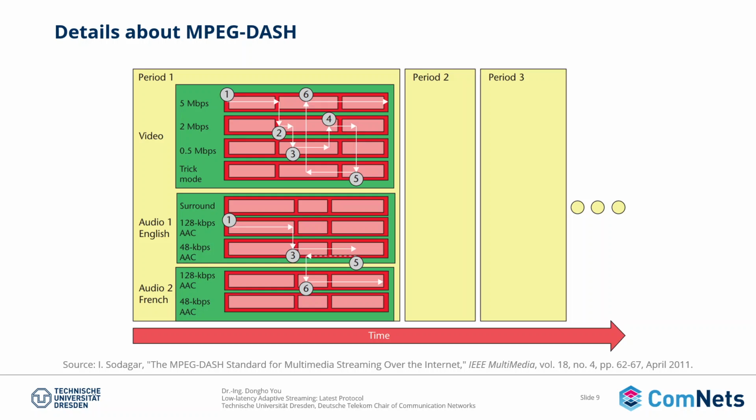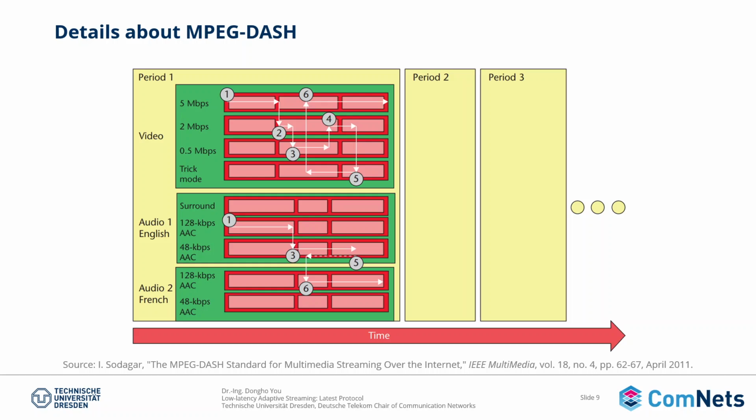After streaming the first segment of video and audio, and after monitoring the effective network condition, the device realizes that the actual available bandwidth is lower than 5 Mbps. So at the next available switching point, it switches the video down to 2 Mbps by streaming the next segments from the mid-quality track while continuing streaming the 128 kbps AAC audio.